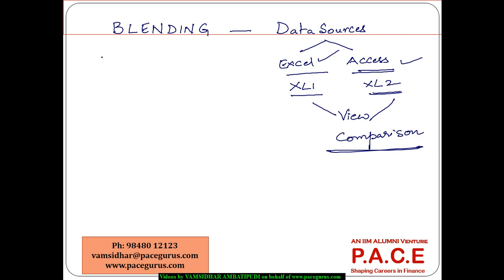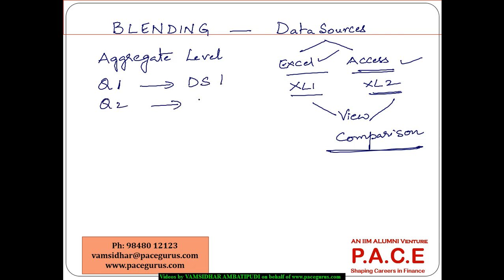Let's have some more important points. The blending is done more and more at an aggregate level. It's not done at a table level. Data source level aggregation is being done. So there will be a separate query. Let's say query 1 goes to data source 1. Query 2 goes to data source 2. It's not a one single query.